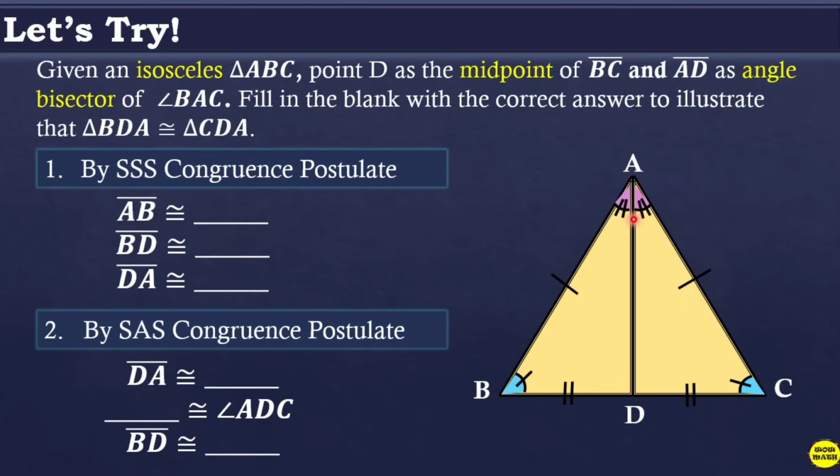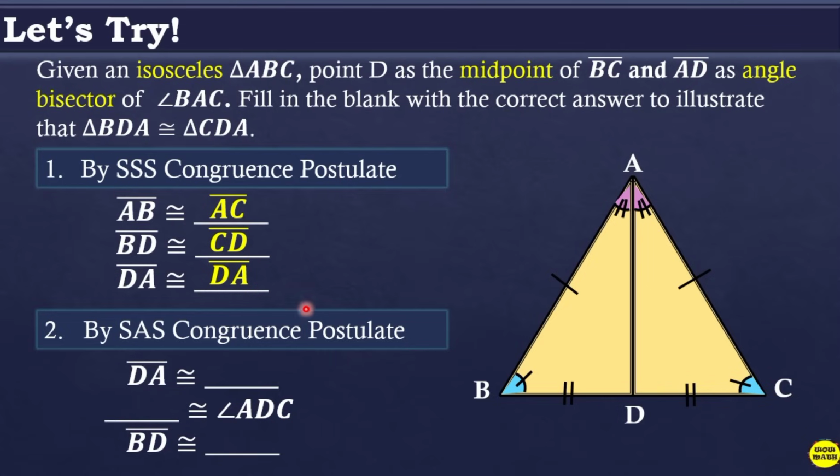Okay, so by SSS Congruence Postulate, binigyan ka ng tatlong given, so hahanapin mo na lang yung ka-pair niya. Okay, so AB is congruent to what? Para maging SSS sila, congruent to AC. Next, BD is congruent to CD. And then DA is congruent to DA. So, this is by reflexive property of congruence.